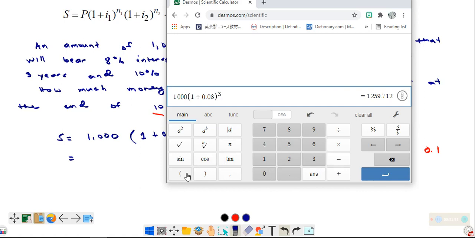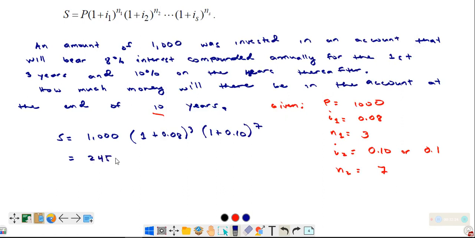Tapos, i-multiply din natin siya sa 1 plus 0.10. I-close natin yung parenthesis, lagyan natin siya ng power na 7. Ayan. So, at the end of 10 years, meron ka ng 2,454.8223. So, this is just the approximated amount.